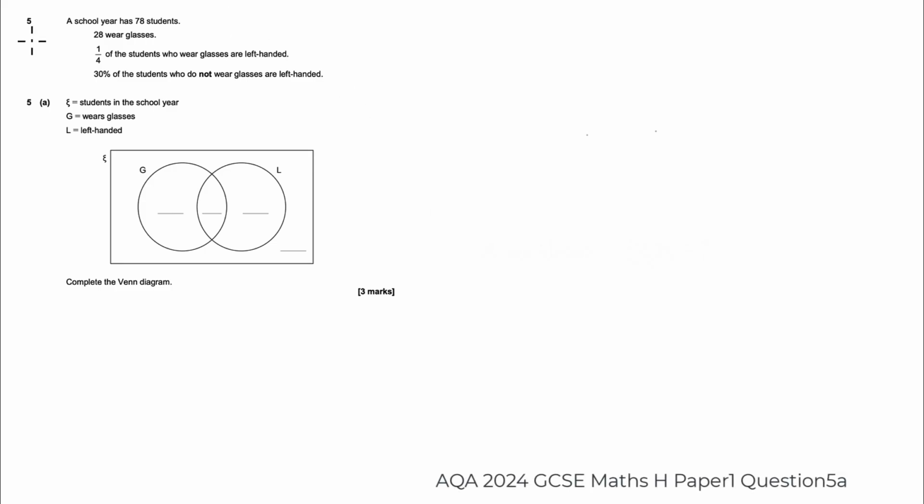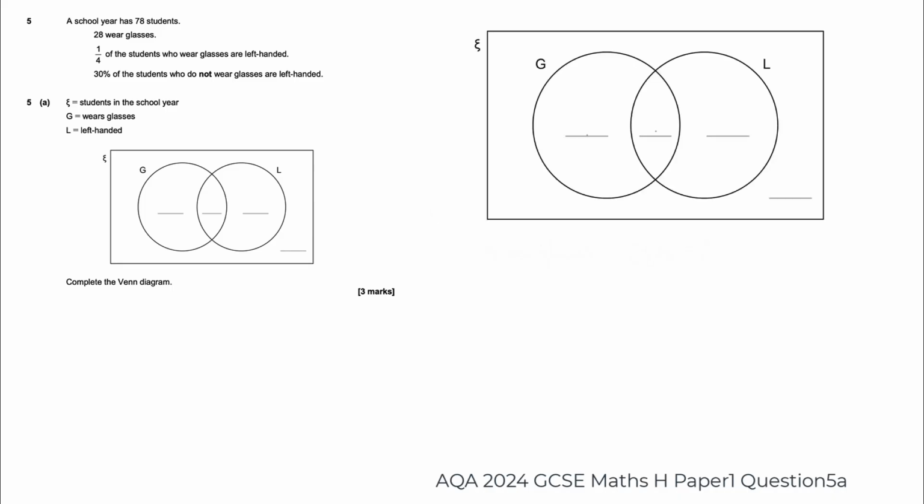So here we have question 5, and we're told that in a school year there are 78 students, and we're told various facts about them, wearing glasses and being left-handed. And we're asked in this part A of the question to complete this Venn diagram. Now, inside this circle labelled G, we've got all the students who wear glasses, and we're told there are 28 of them. 28 wear glasses.